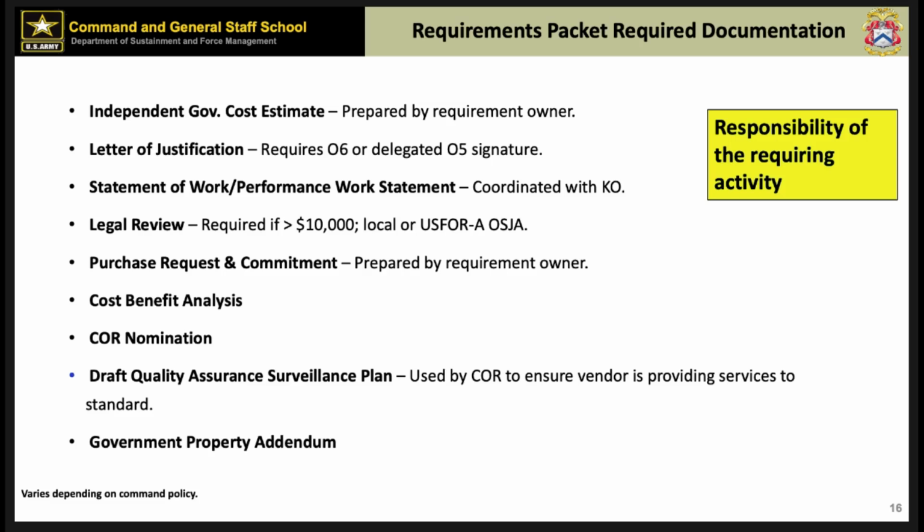The commander nominates a COR to oversee execution, while a draft Quality Assurance Surveillance Plan, or QASP, helps ensure performance standards are met. If government property is involved, a government property addendum is included.